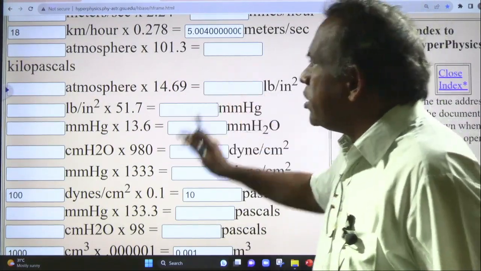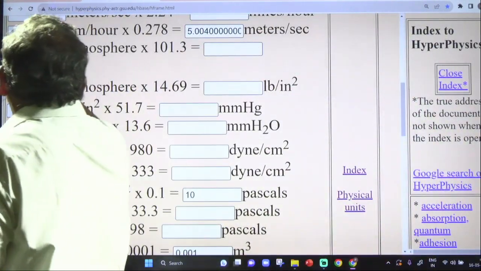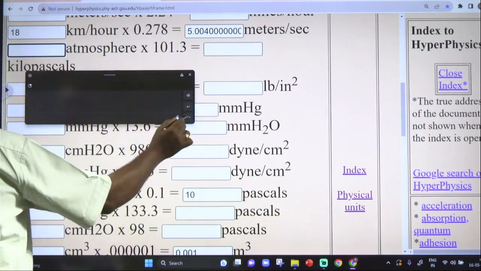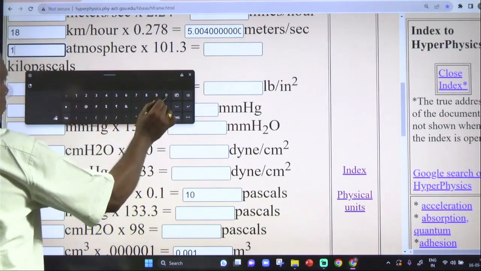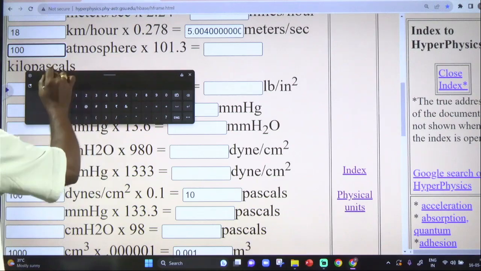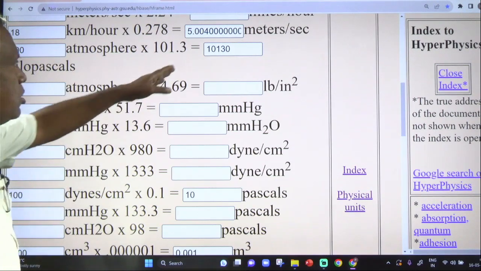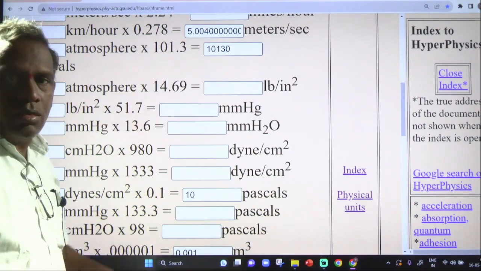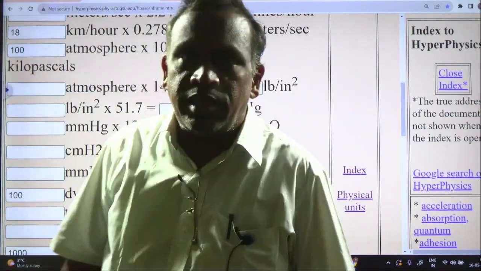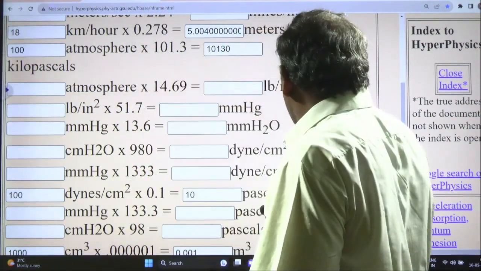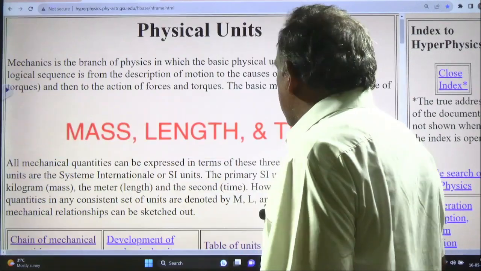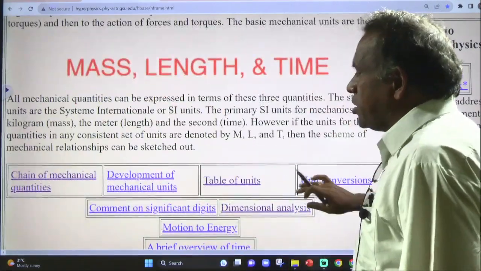Atmosphere you can convert into kilopascals. 100 atmosphere is how many kilopascals? 100 atmosphere is 10130 kilopascals. In this way, you can have the different conversions.